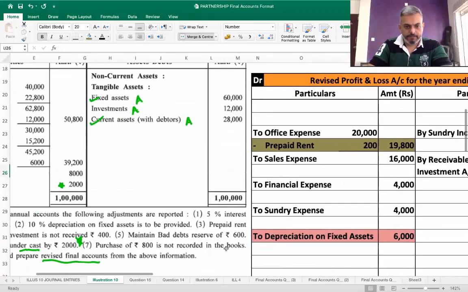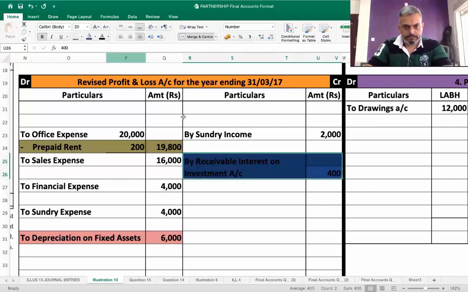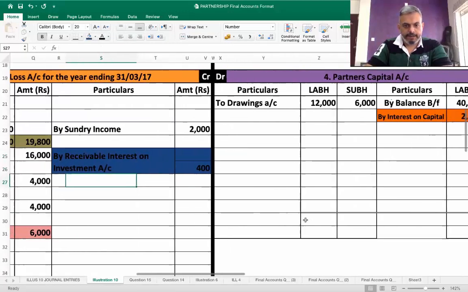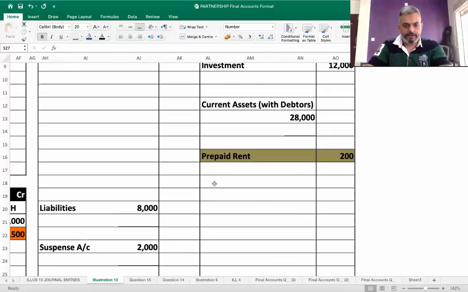Amount is 400. Second effect, receivable. So we have a right to receive. It's our asset, receivable interest on investment 400.